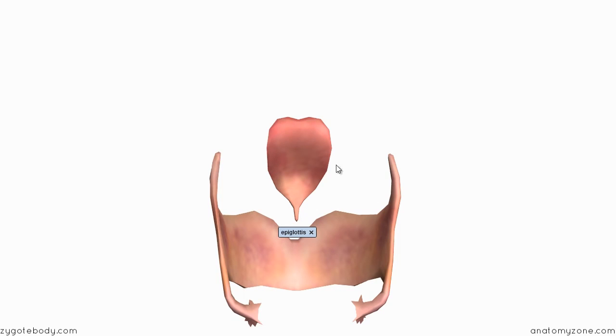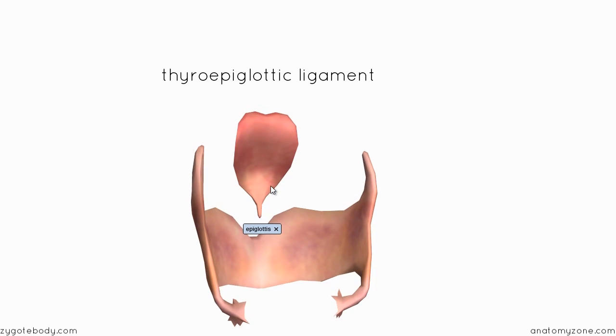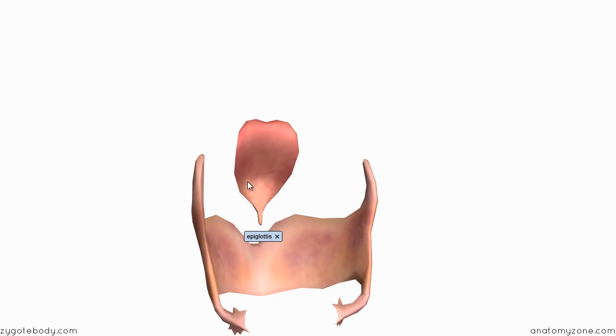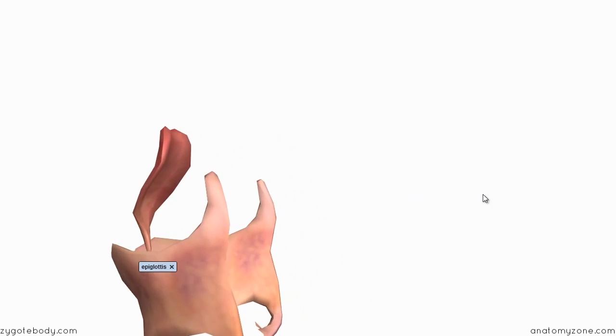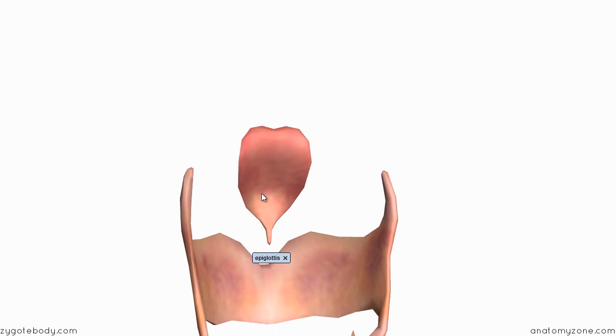So you've got this stem and leaf shape for the epiglottis, and the stem of the epiglottis is connected to the posterior surface of the thyroid by a little ligament called the thyroepiglottic ligament, because it connects from the thyroid to the epiglottis. And also on the posterior surface of the epiglottis, which isn't very clear on this model, but you've got a little tubercle which sits in the inferior half of the posterior surface of the epiglottis.